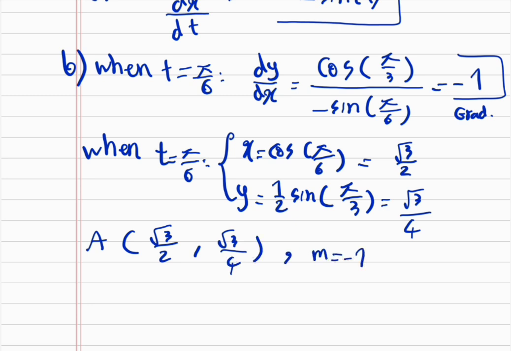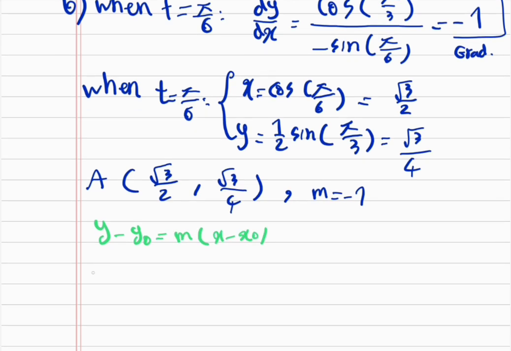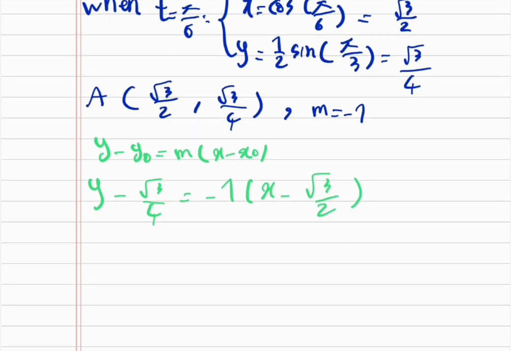Now we are ready to find the equation of the tangent. We can use the formula y minus y0 is equal to m times x minus x0. So substituting the values, y0 is root 3 over 4, m is just minus 1, and x0 is root 3 over 2. Right, we can now rearrange this. y minus root 3 over 4 is equal to minus x plus root 3 over 2.